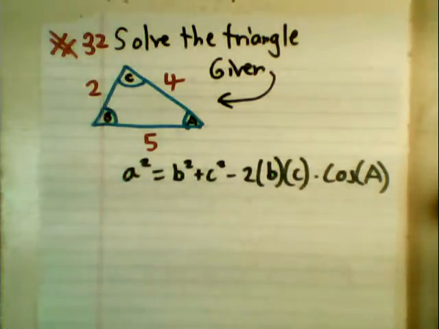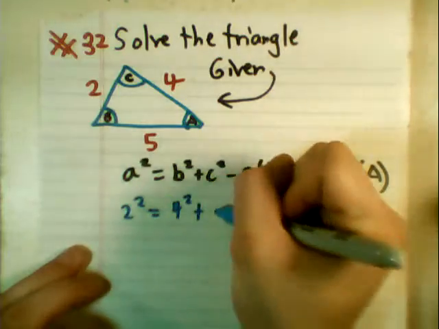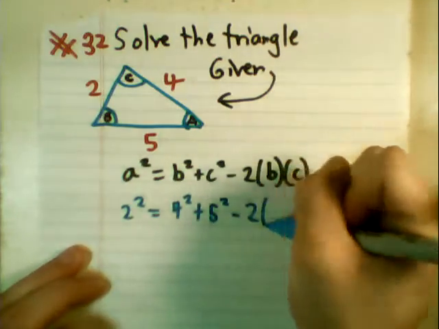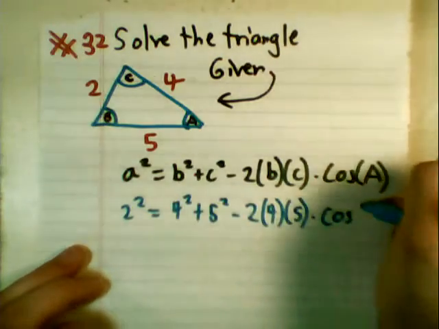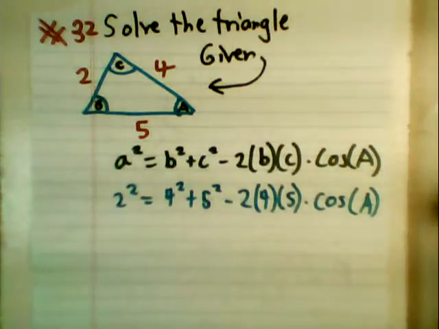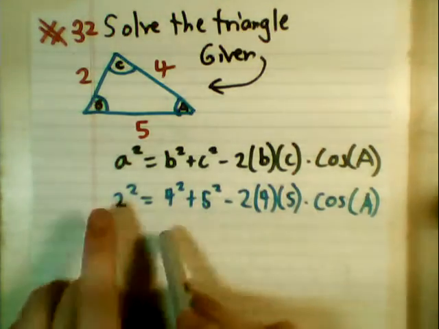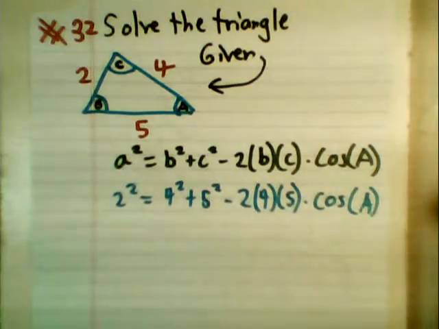So 2 squared equals 4 squared plus 5 squared minus 2 times 4 times 5 times cos of A. Now, I know how to manipulate this equation really well, so I'm just going to write that. Otherwise, you'd have to figure out what this is, subtract it to the other side, divide by this, then do cos inverse.